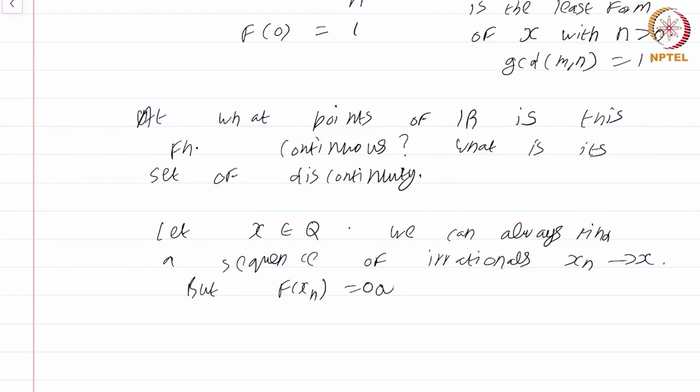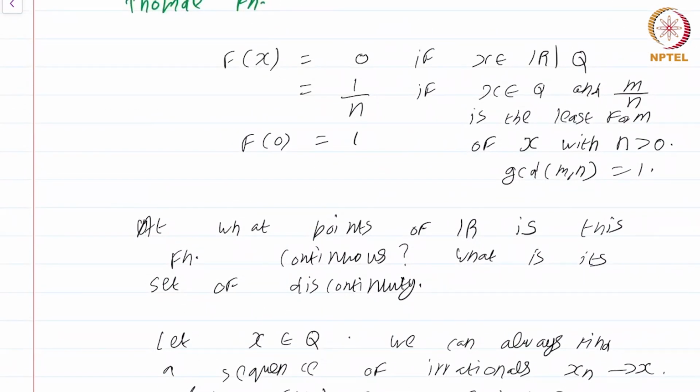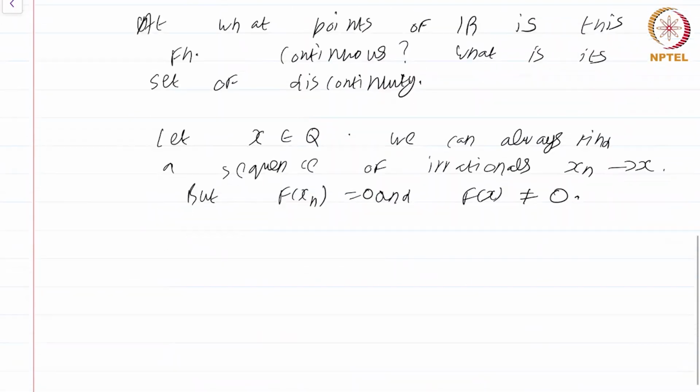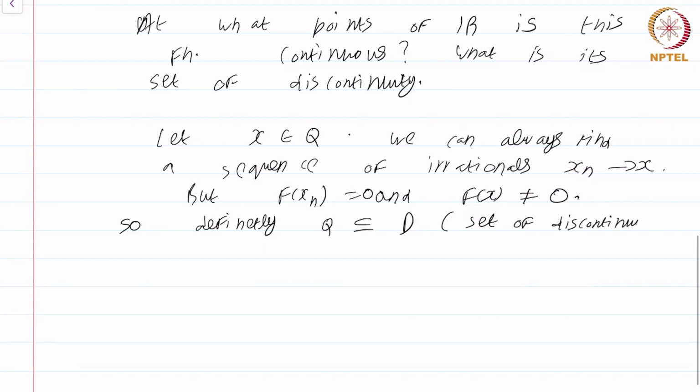But f of x is definitely not 0, right? Irrespective of what rational number you choose, you either get 1 by n, or in the case you are at the point 0, you get 1. So definitely Q is a subset of D, the set of discontinuities. So the Thomae function definitely is not continuous at each point of the rational numbers.